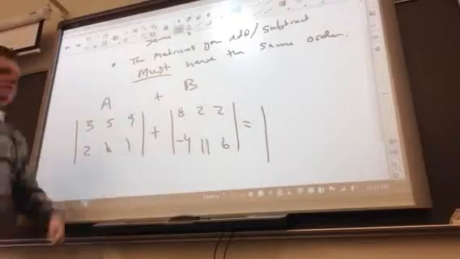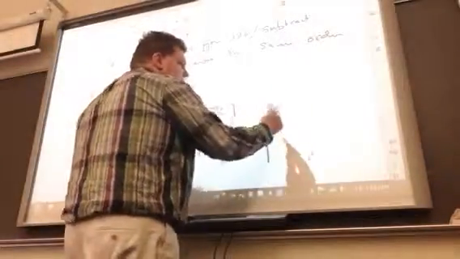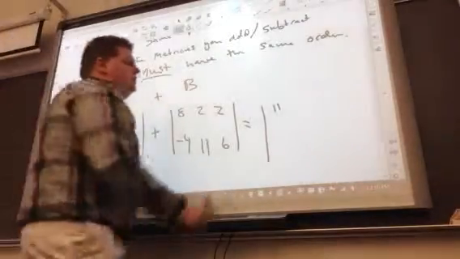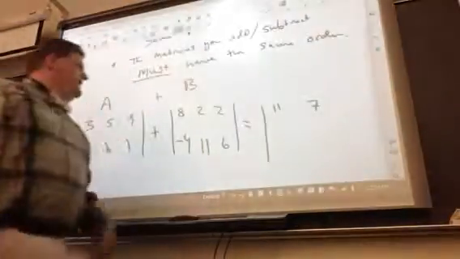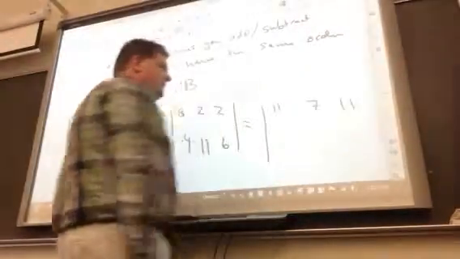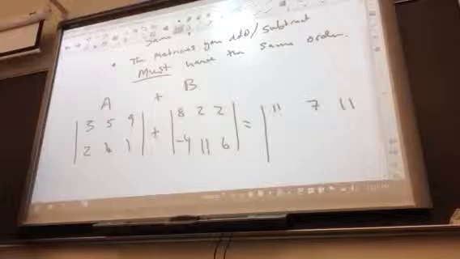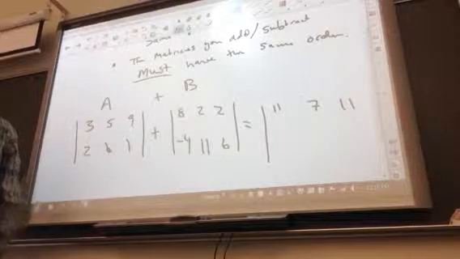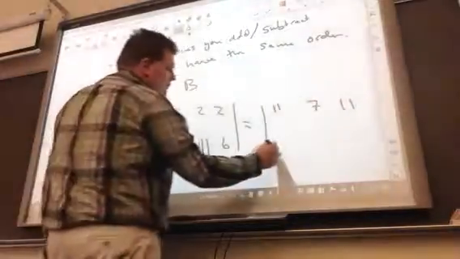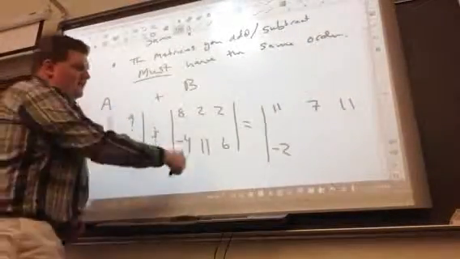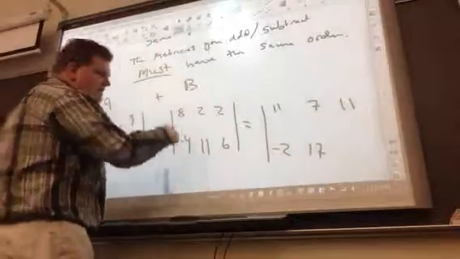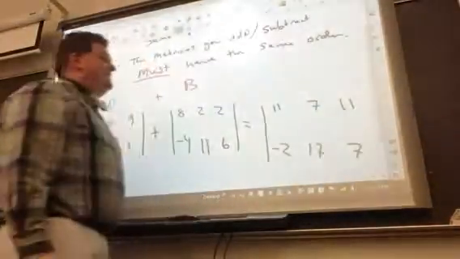So when I do 3 plus 8 to get 11, it's going to be in the same spot as the 3 and the 8 were. 5 plus 2 gives me 7, same spot again. 9 plus 2 is 11, same spot again. 2 and negative 4 make negative 2. 6 and 11 make 17, and then 1 and 6 make 7.